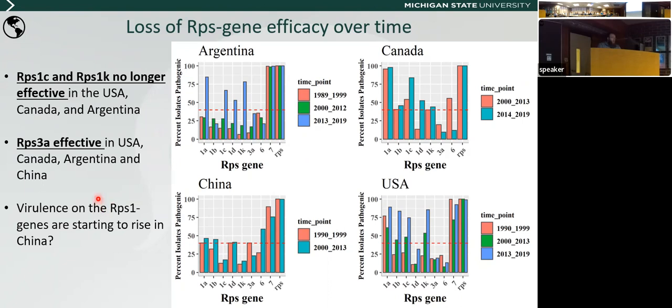And we didn't see a whole lot of selection pressure with the RPS1 genes in China. That could be because they may not use RPS1C and 1K there. It's difficult for me to identify what resistance genes are actually used there just based on the literature. But again, if anyone has any information on which resistance genes are actually used in China, I'd love to know, and please come talk to me.